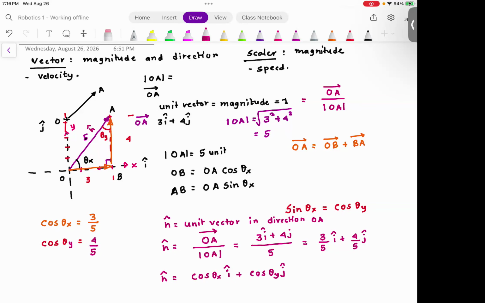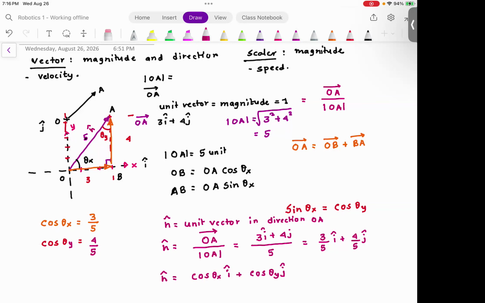A unit vector in an arbitrary direction is the direction cosine in i plus direction cosine in j, or you can have direction cosine in k. What does that mean? It means cosine theta x. What is theta x?